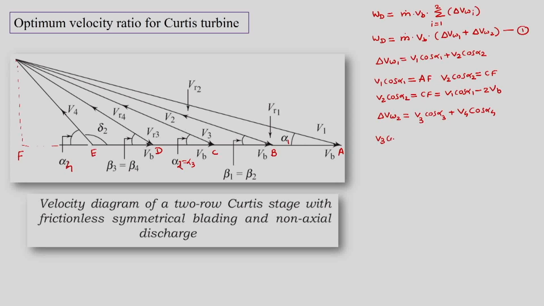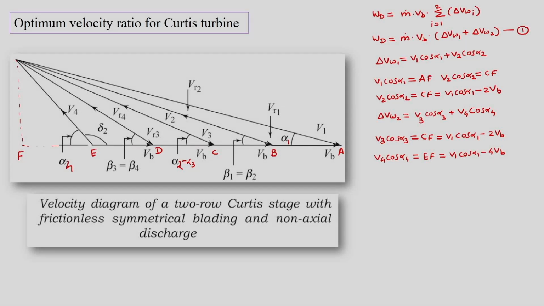Here V3 cos alpha 3 is equal to, as per this diagram, again CF, and that is V1 cos alpha 1 minus twice VB, and V4 cos alpha 4 is equal to EF, and then that is V1 cos alpha 1 minus 4VB.